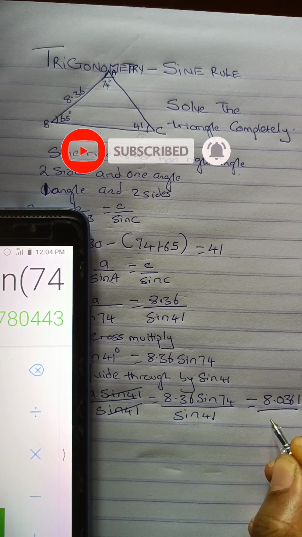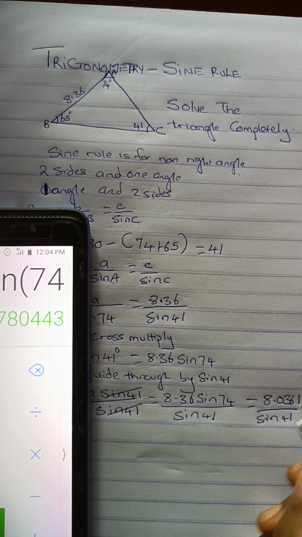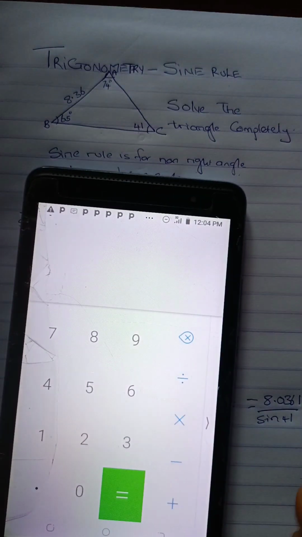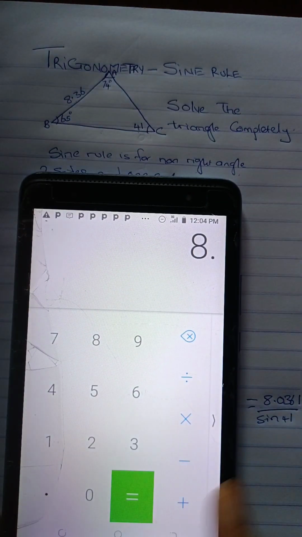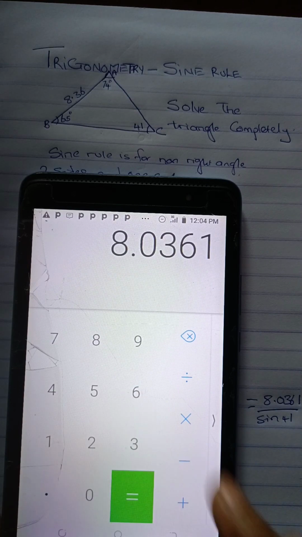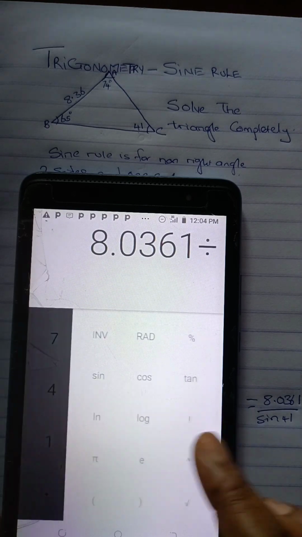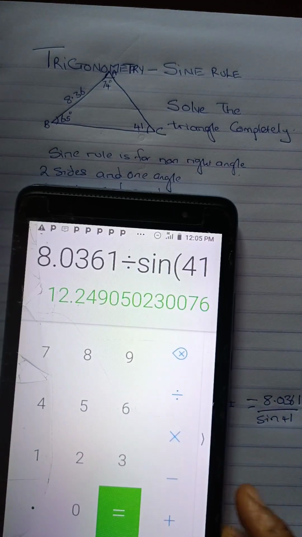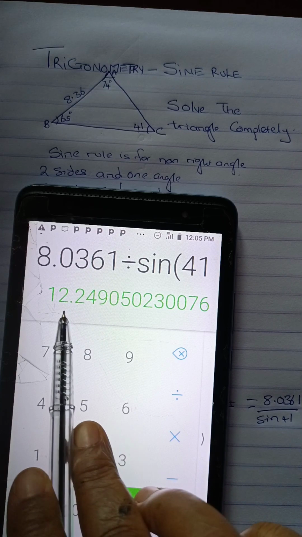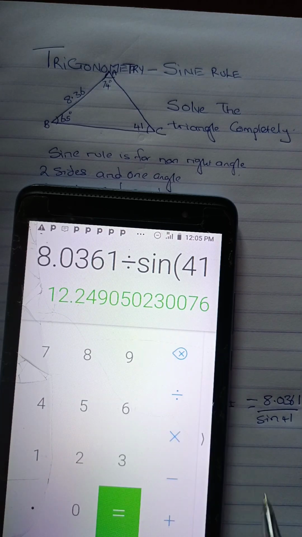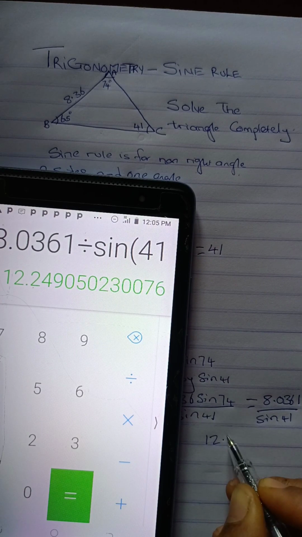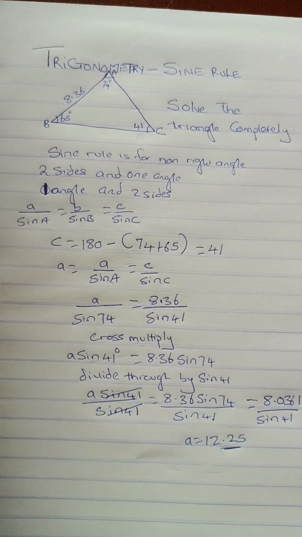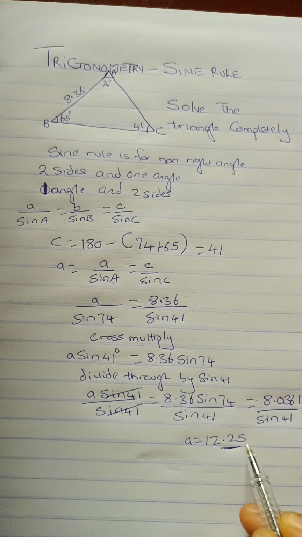Now divide by sine 41. 8.0361 divided by sine 41 will give us what? The answer is 12.249, so we can convert it to 12.25. So this is our a. Our a is 12.25.